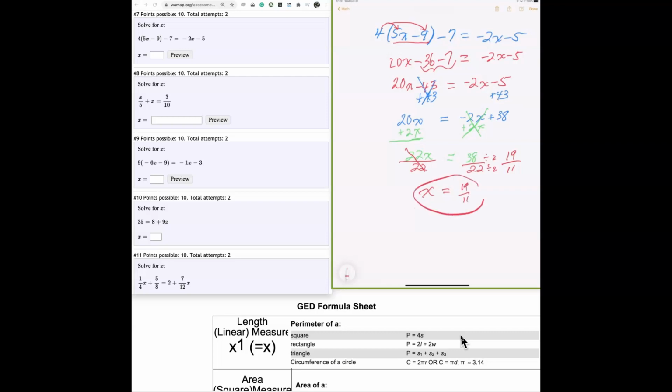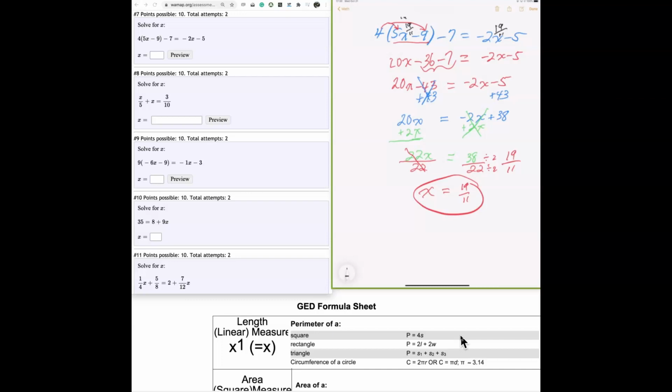So we should be able to take this number, 19 over 11, and plug it in up here. Let's get a different color. 19, oops, that's going to be hard to read. So 19 over 11 and 19 over 11.